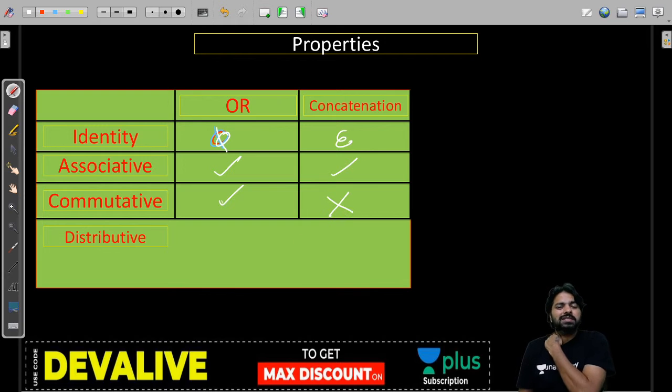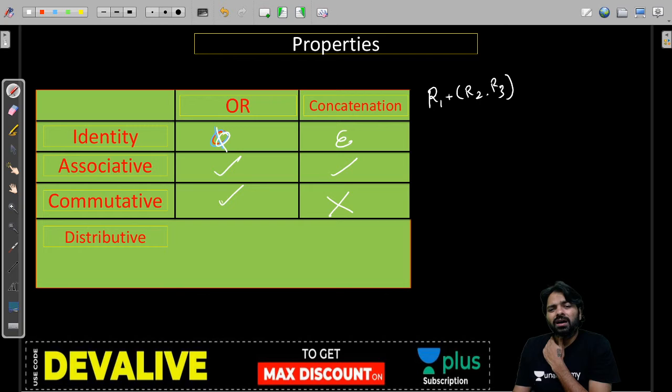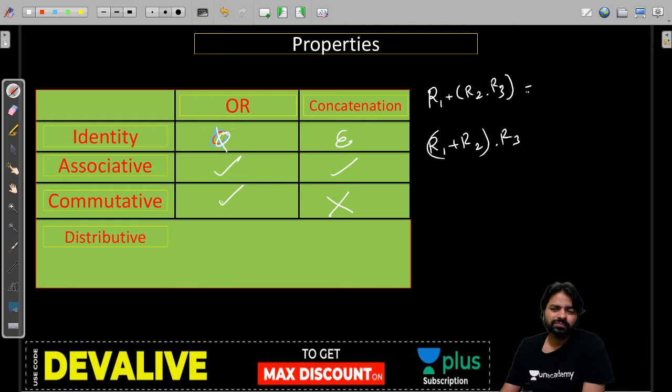And distributive is a different concept. Distribution comes when you have more than one different operator, like OR over concatenation, like R1 plus R2 dot R3. Or you can say R1 plus R2 dot R3. And what is equal to? Here you can't distribute, guys.